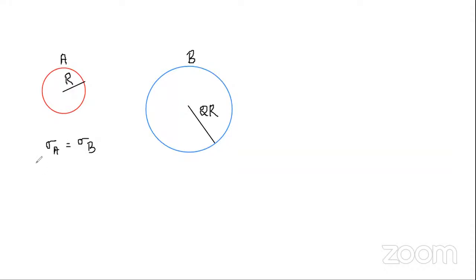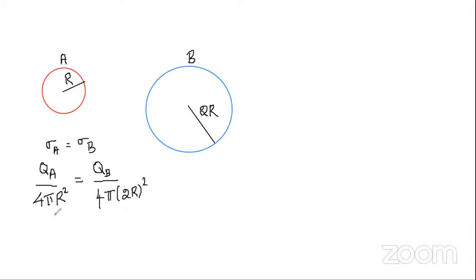So sigma A equals, initially the charge on sphere A, let me consider as QA, divided by 4 pi R square. And sigma B, let me consider that we have a charge QB on it initially, so QB divided by 4 pi into 2r the whole square. Charge per unit area means the surface area.